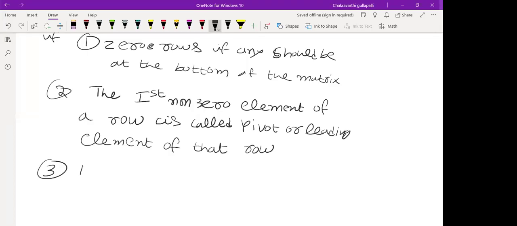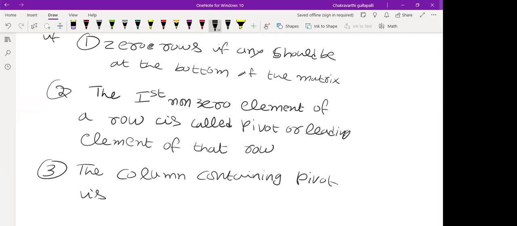Next, we define a column called the pivot column. The column containing the pivot is called the pivot column. How to find the pivot?